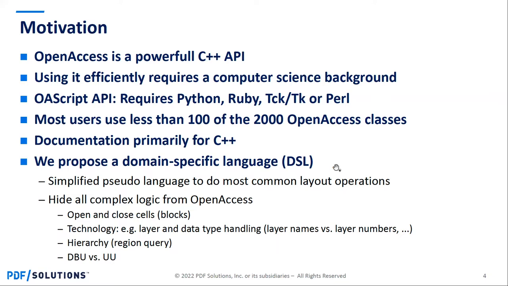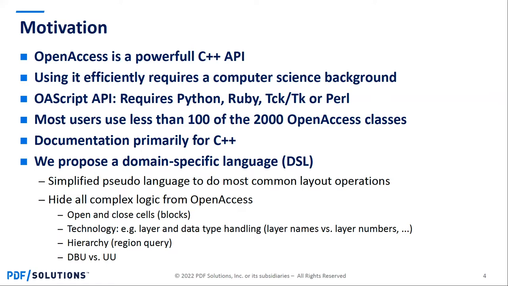That includes opening and closing cells, the concept of blocks, which no one who is just a layout engineer understands: why there is a block in the hierarchy of a library and a cell, why suddenly there is another hierarchy level. Or dealing with technology, meaning how this is stored in a database between data types, data layers, layer names, layer numbers, and so forth.